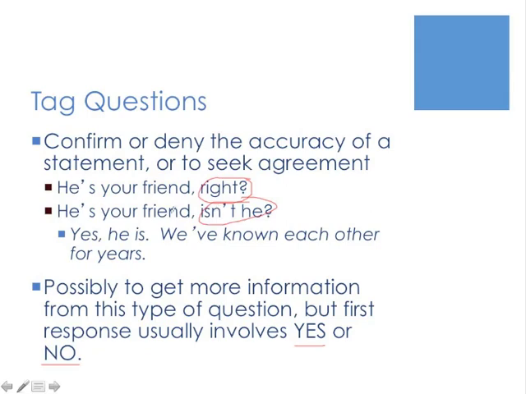Notice in the second example, isn't he, the response would be using basically the same form, he is, or he isn't, depending on the response. So in the tag, we would have to use the same helping verb, and we would also use the same person. So again, part of it is, are we paying attention to that? And how can the test try to trick us?